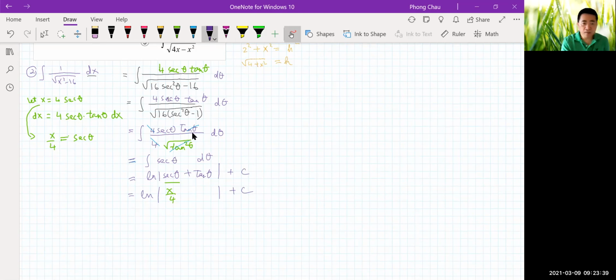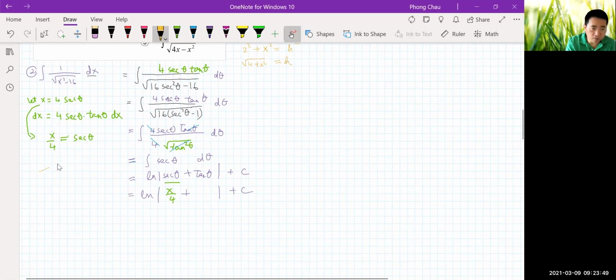All right, so we've done that, except one small thing, tangent. What's tangent? Well, again, from here, I can construct the right triangle satisfying this trig ratio. So what's secant again?